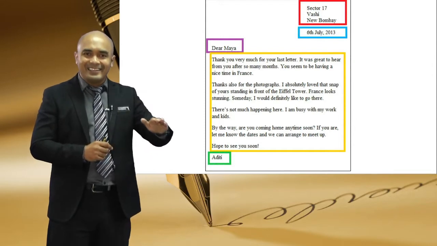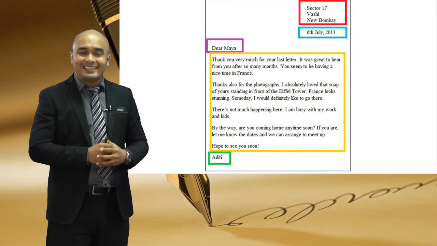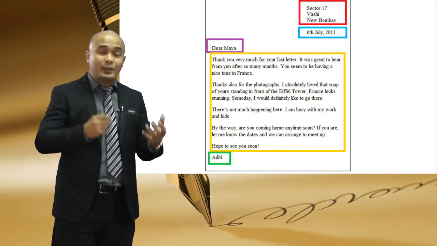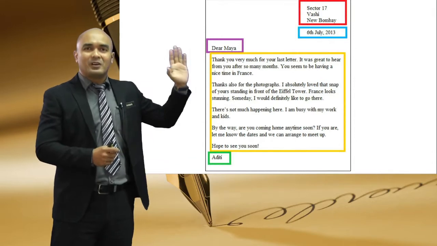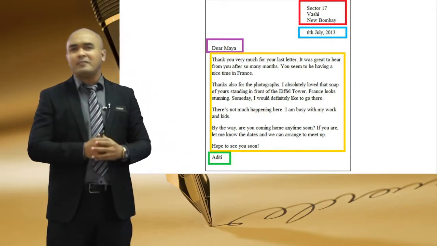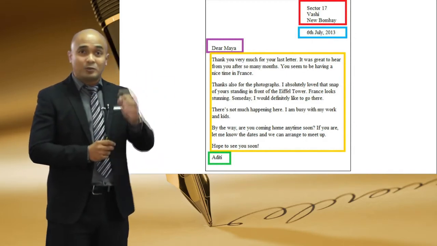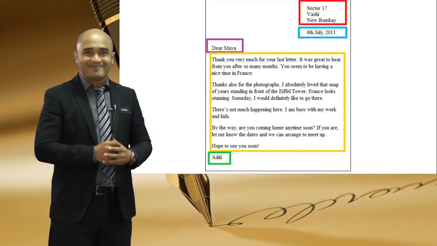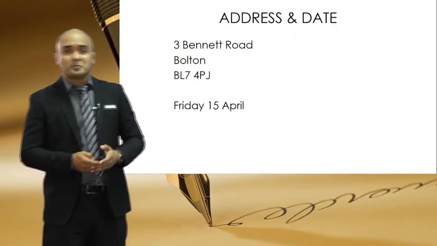And then lastly, in the green box at the bottom, that is the name. Or maybe we can put a signature over there. And this is basically the format for an informal letter. It is quite different from the formal letter format. You have to differentiate that. Okay? Thank you. Let's go to the next part.